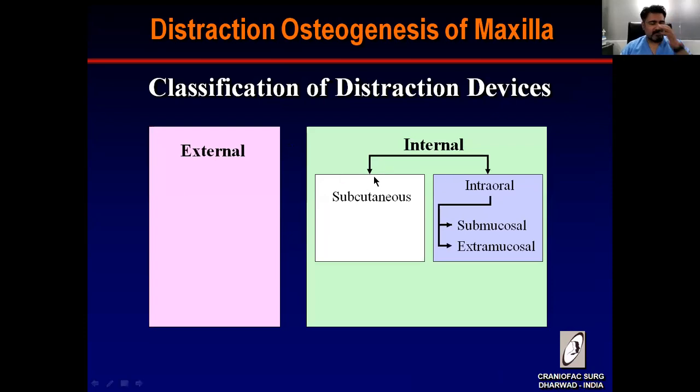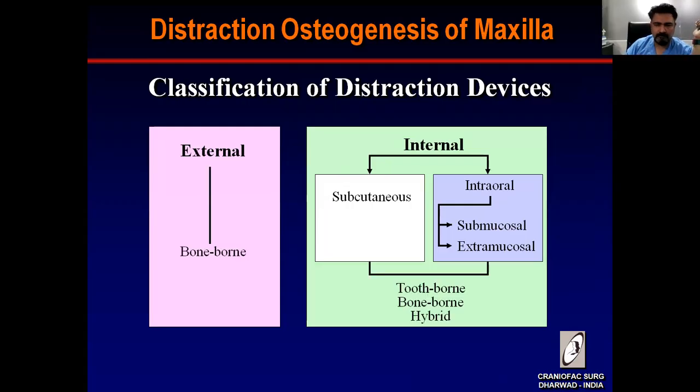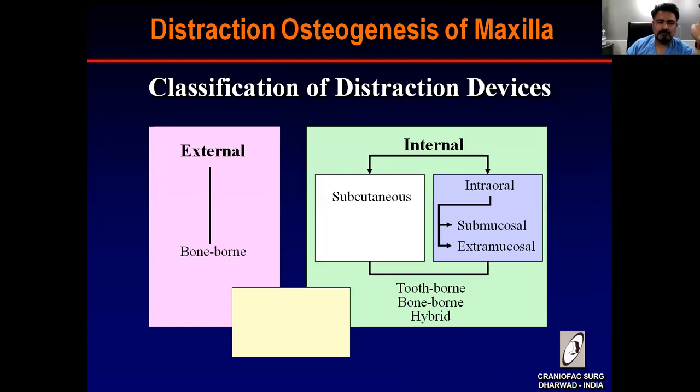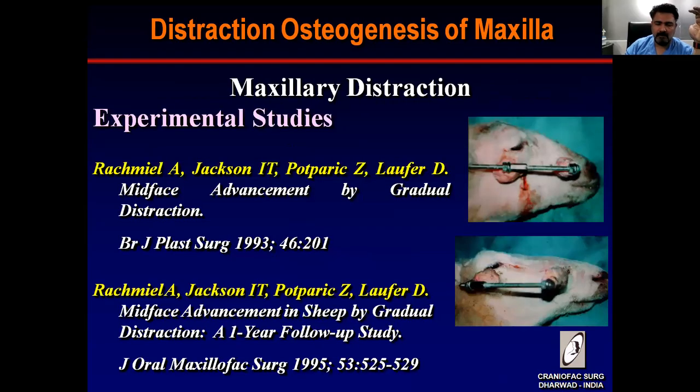So there are various types of external or internal distraction devices. Internal devices may be subcutaneous or intraoral, submucosal, and extramucosal. They may be tooth-borne, bone-borne, or hybrid, and may be unidirectional, bidirectional, or multidirectional.